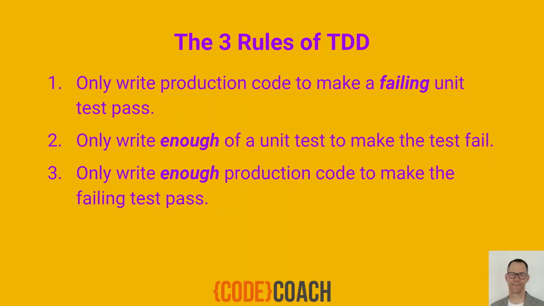For example, if a string literal or a constant is enough to make the test pass, this is all we should do, even though at the end we know we're going to end up with an algorithm that includes variables. Okay? But at any given point in time, we will write just enough production code to make the failing test pass. If this seems a little bit weird, that's fine.